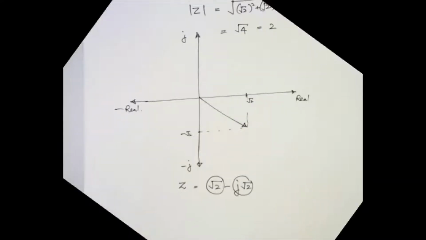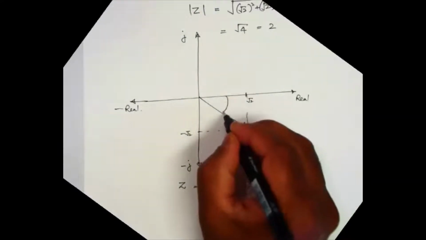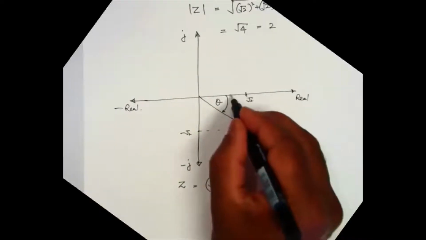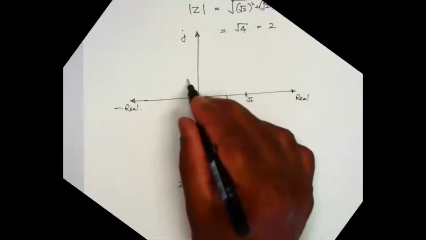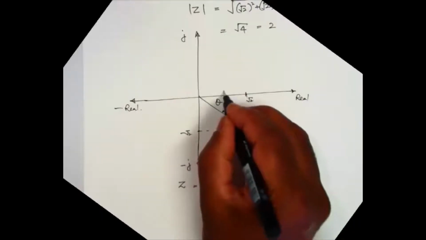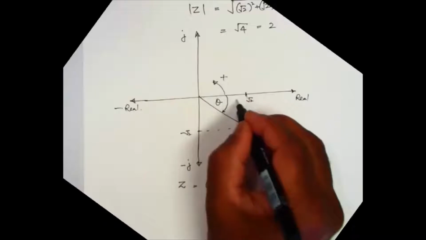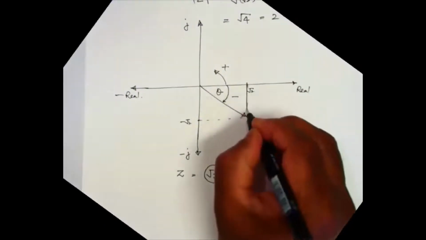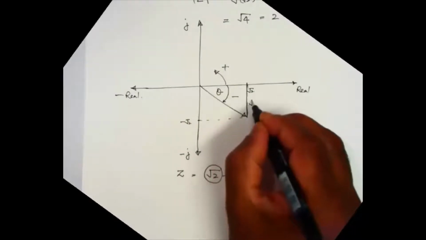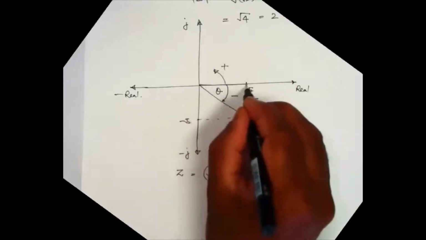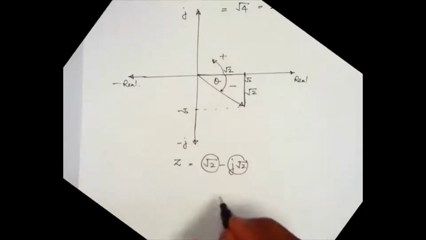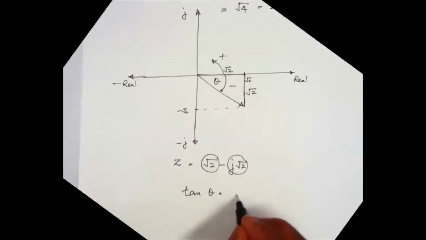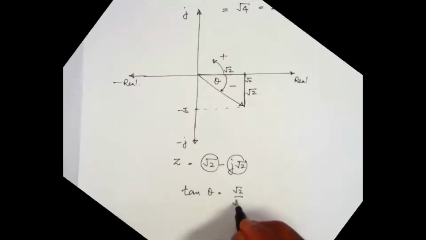So we can see now the angle that we are interested in, this angle theta, is a negative angle, because the convention is that anti-clockwise direction is positive, and that is the negative direction. So let's find the angle first. We know that this is square root 2 and that is square root 2. So tan theta is equal to square root 2 over square root 2.